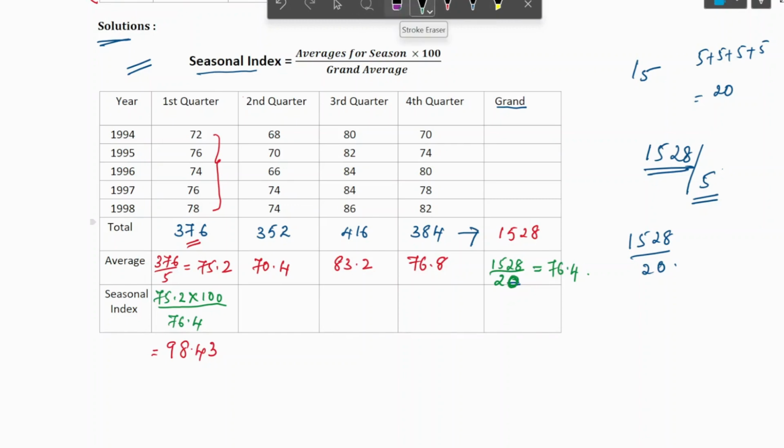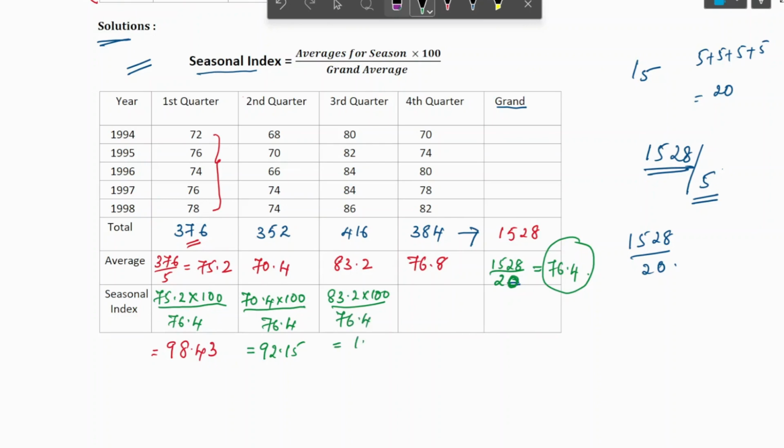Next one, what will come? The seasonal index of this quarter, that is 70.4 into 100 divided by the grand average. What is your grand average? That is 76.4. That means the denominator is going to be the same. Here the answer is 92.15. Next one, the third quarter average, that is 83.2 into 100 whole divided by 76.4.